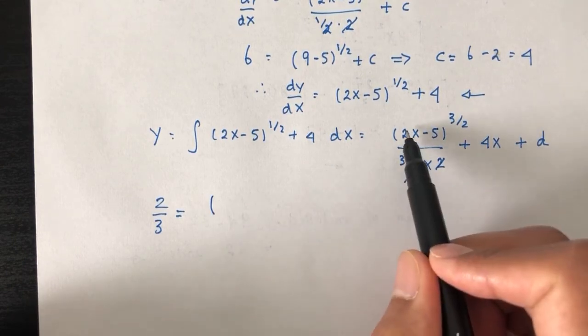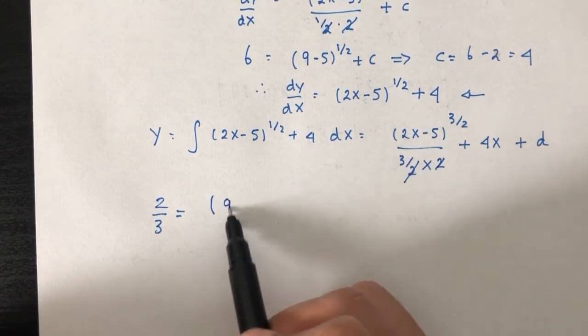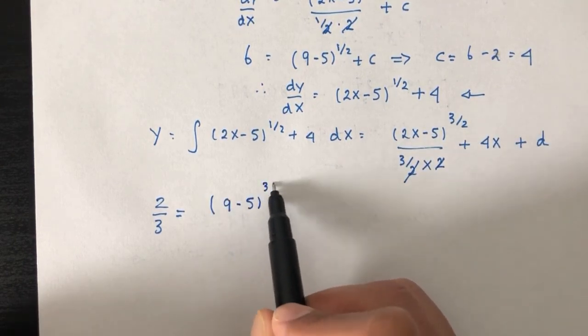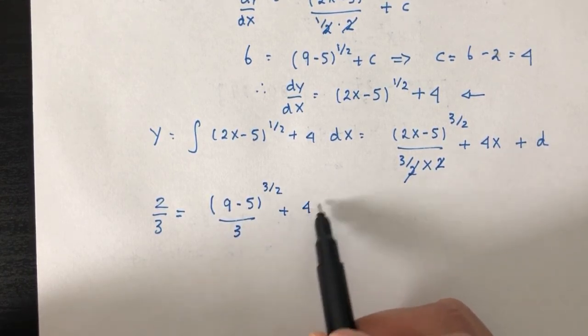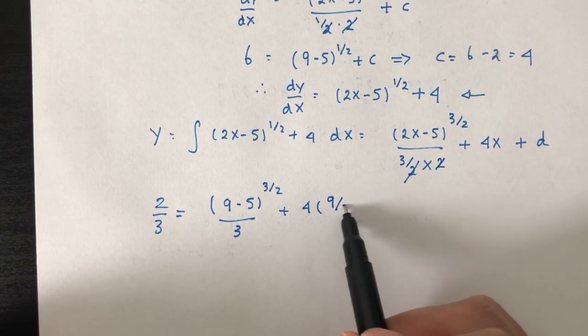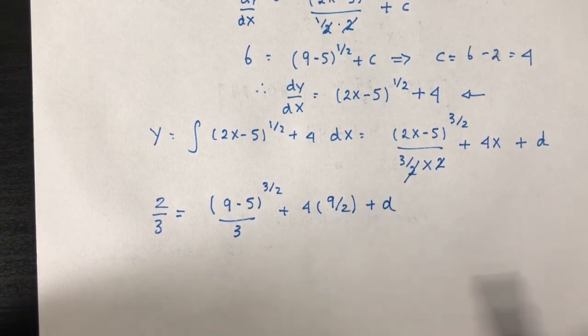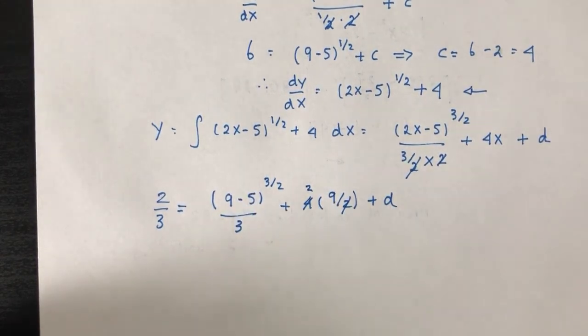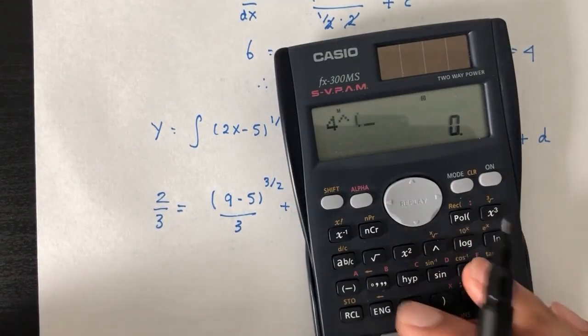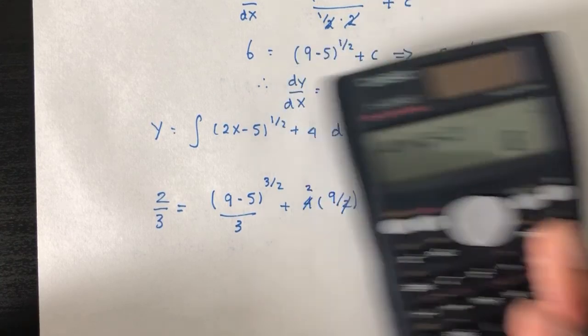So 2 times 9 over 2 will be 9, minus 5, power 3 over 2, divide by 3, plus 4 times 9 over 2 plus d. Simplify, that will be 2. This will be 4, so 4 power 3 over 2, that will be 8.